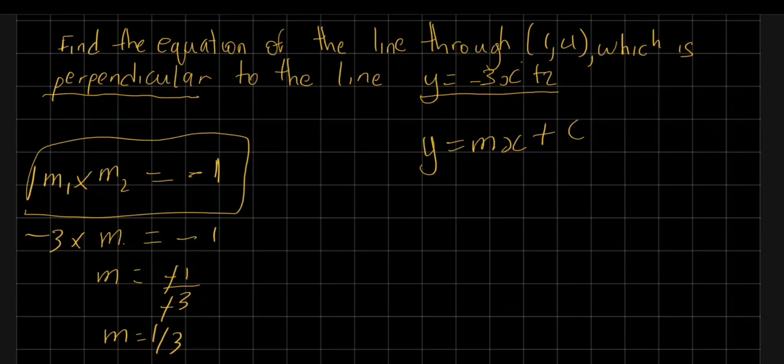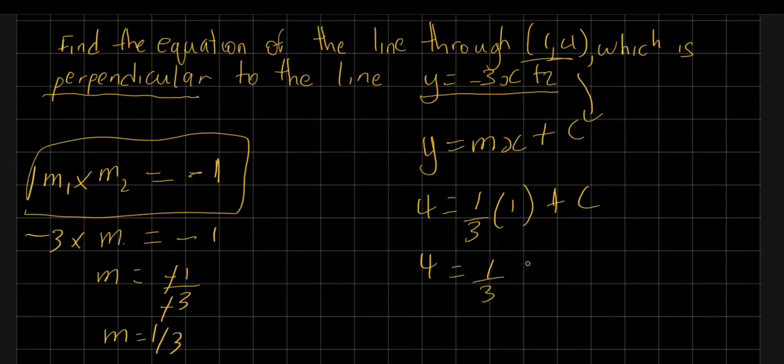And we know the line passes through (1, 4). We've been through this step so many times, we just have to substitute that into this equation. So y is 4, is equal to 1 over 3 times x, which is 1, plus c. So you work this out: 4 is equal to 1 over 3 plus c.